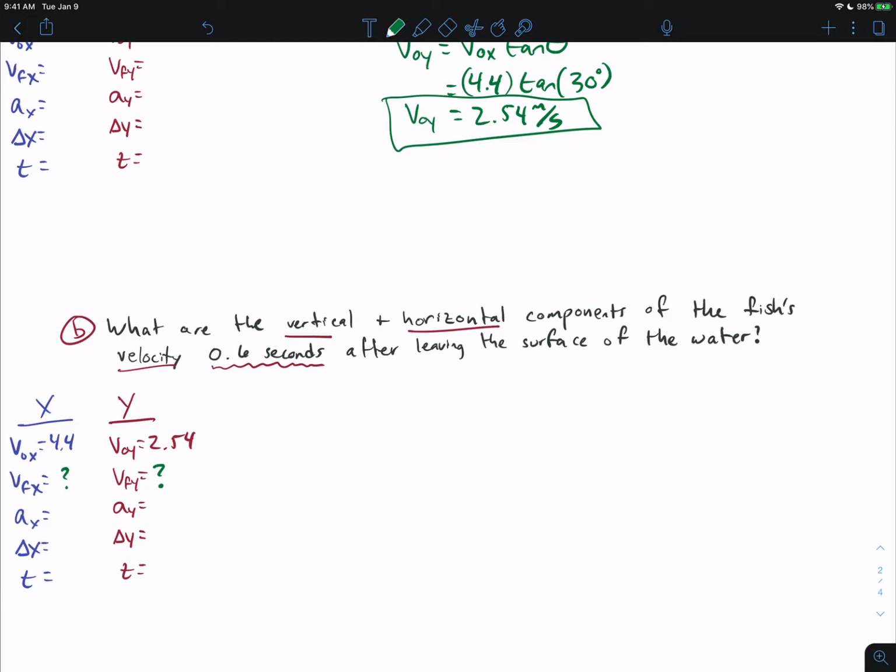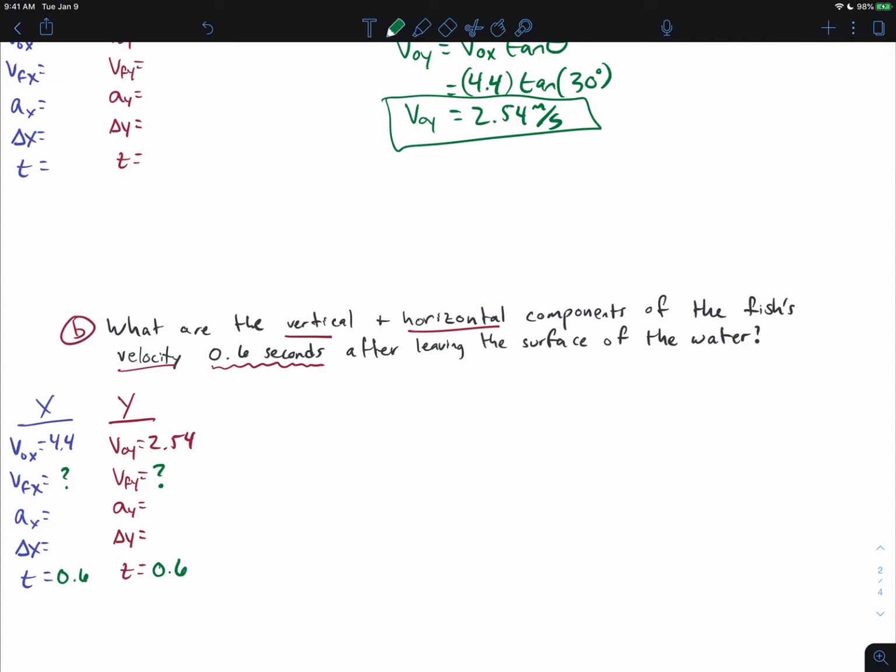So we know here that my time is 0.6 seconds. This is good. Each column now has 2 pieces of information, but each column now needs a third. We need a third piece of information. Okay? So here is where free fall comes back in.